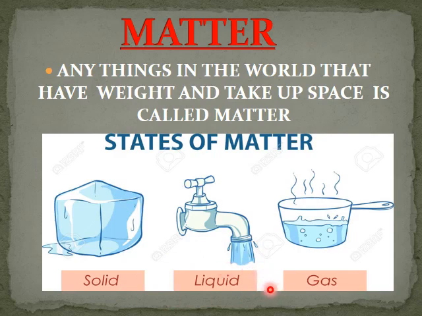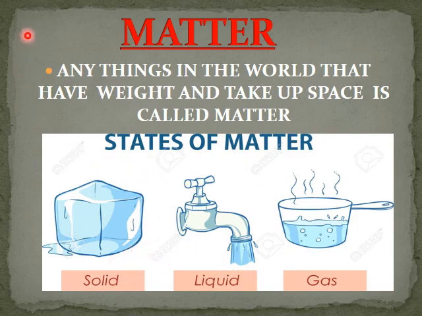And the third form of matter is called gas. You can see here when we boil water, it changes into steam. This steam, or water vapors, are in the form of gas. So water in the gaseous state is called gas, water in the liquid state is called liquid, and water in the solid state is called ice.